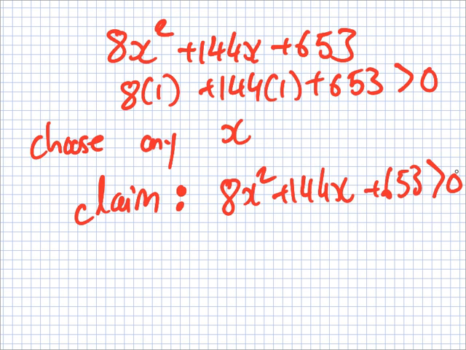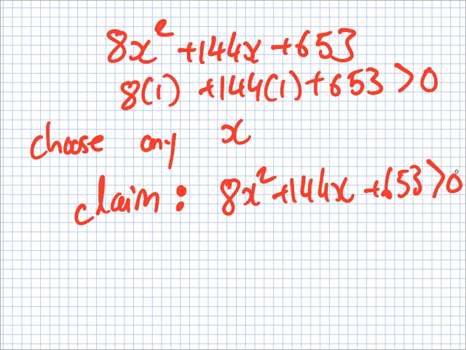That's my claim. Now, I actually say that in the question. I say that these things should be positive or negative. And if you don't believe that it is always positive, you think, no, I could make this negative, well, try to make it negative. Try to put in a value of x to make this negative, and you can't. There's no number that you can put in that will make this negative.